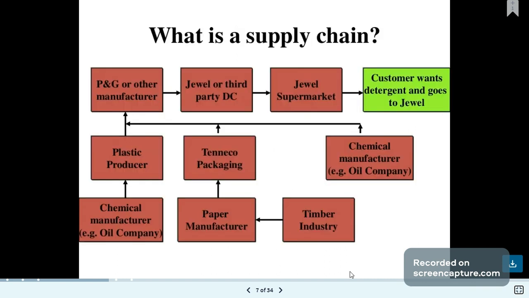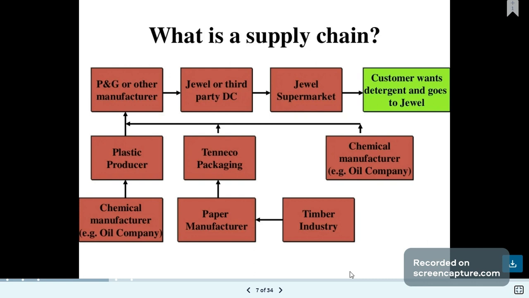Okay, if we want to understand from the flow chart, this is like P&G or many other manufacturers. This can go to Jewel or a third party, and Jewel supply market can also go to the customer who wants detergent. Suppose we are working in an organization, then chemical manufacturers like oil companies are there.